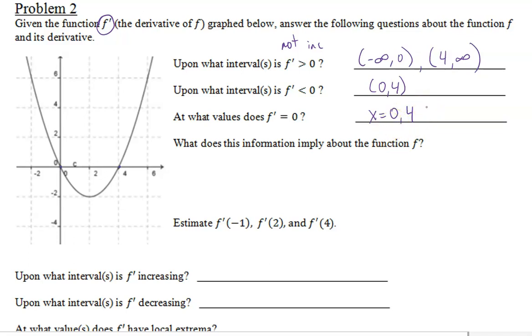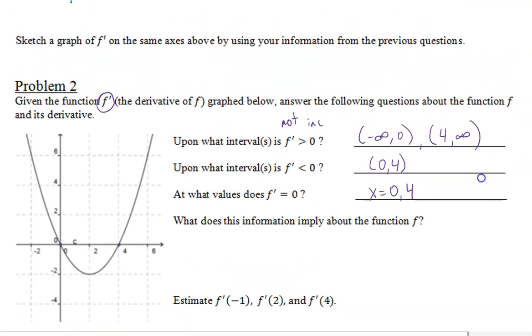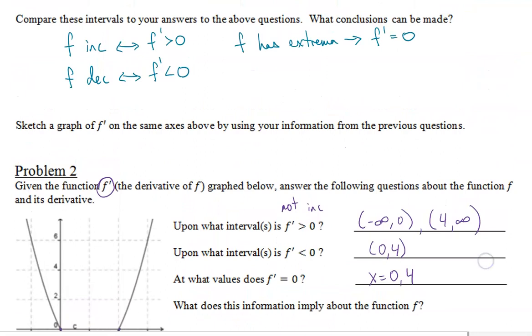Okay, what does this information imply about the function f? Well, if we think about the conclusions that we drew in the last video, we determined that these are if and only if statements. So if f prime is positive, that means that f is increasing, and if f prime is negative, that means that f is decreasing.